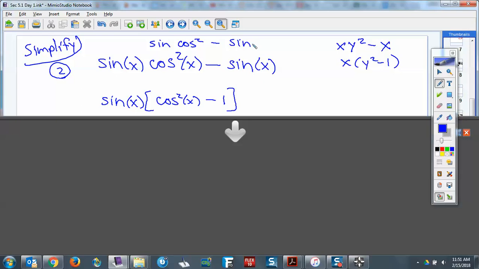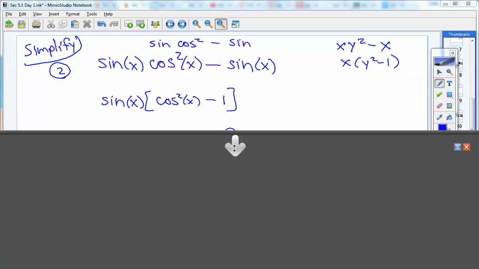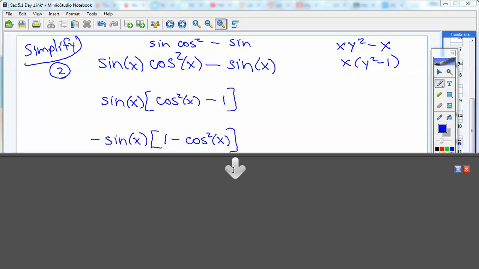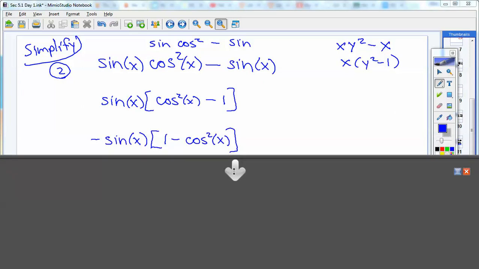Now I just talked about this a minute ago. What should you think of when you see cosine squared minus 1? It's one of the things you wrote on your cheat sheet. If we would take out a negative, we could flip cosine squared minus 1 into what? 1 minus cosine squared. So I'm going to take out a negative, stick it out in front of the sine, and that now turns this into 1 minus cosine squared.